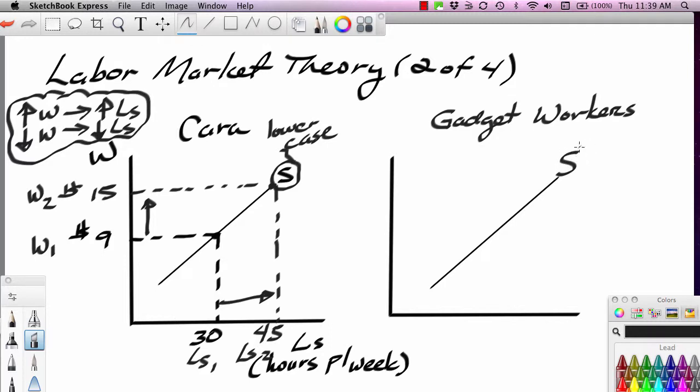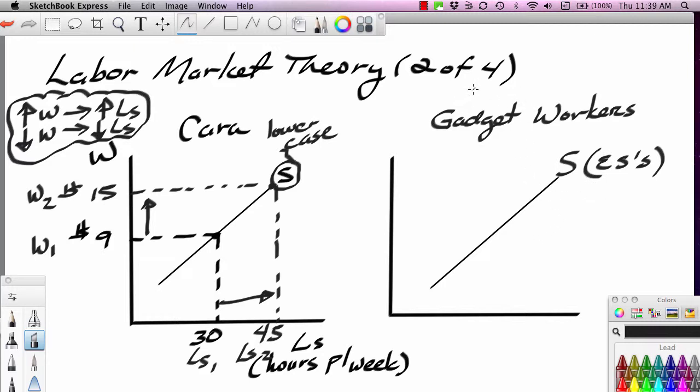Now this supply curve is uppercase, capitalized, and this is the sum of all of the little s's. In other words, if you take Kara's supply curve and add it to all of the other gadget workers, you're going to get a market supply curve.